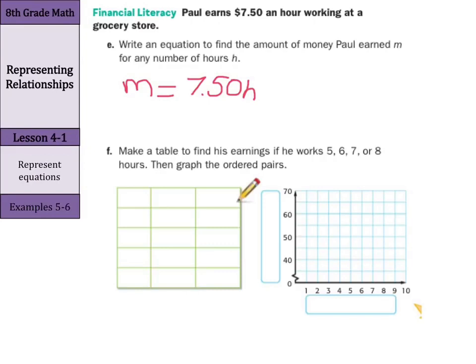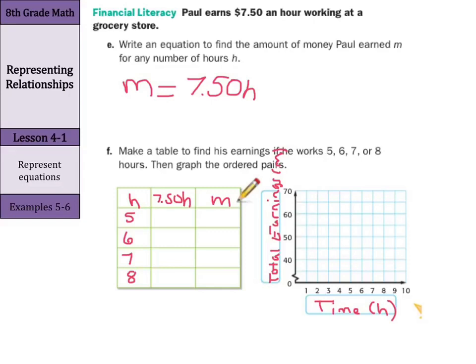Now, we're going to have our h, our 7.50 times h, and our m. Now, the independent variable here is our hours, our time. Time just keeps on ticking into the future. So our time is our hours, and that's our x. And our total earnings is going to be our y. And of course, that was our m. And we're looking for, in our question, 5 hours, 6 hours, 7 hours, and 8 hours.